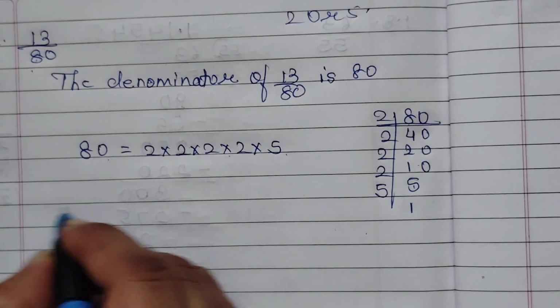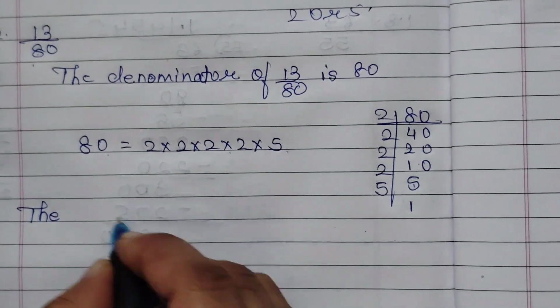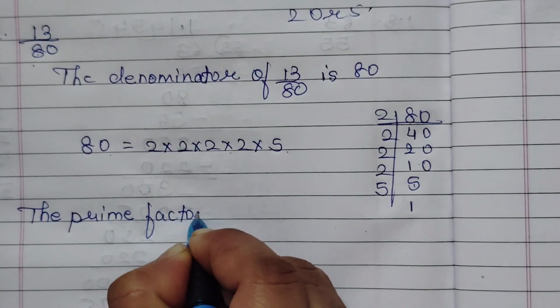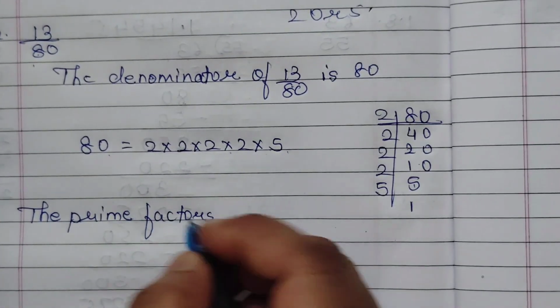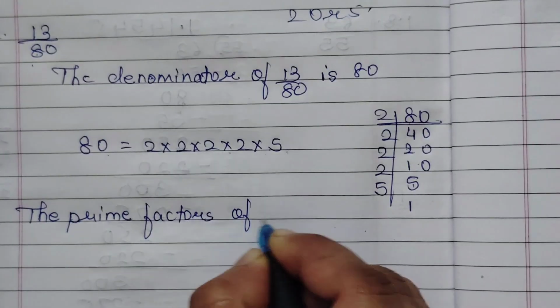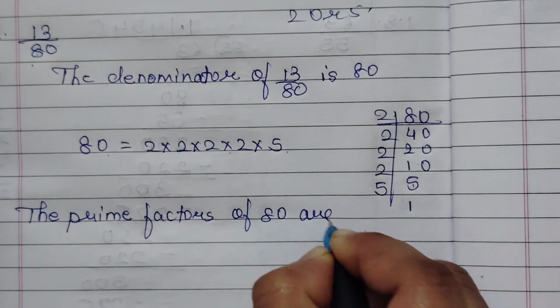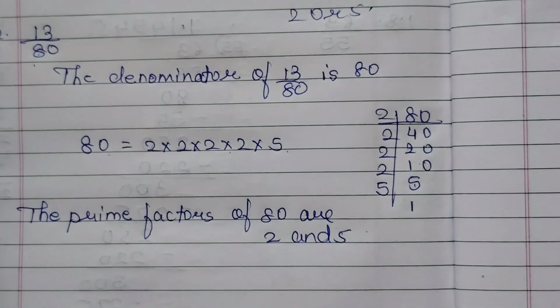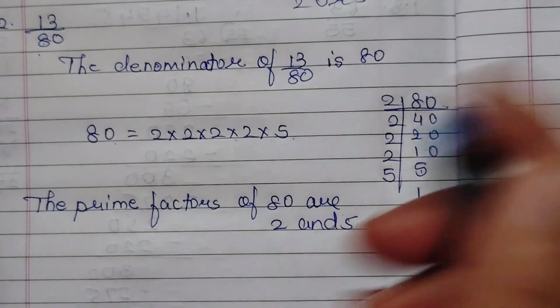So what we will write? The prime factors of 80 are 2 and 5.